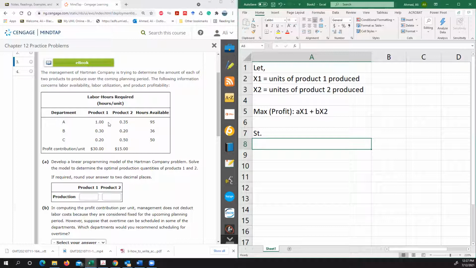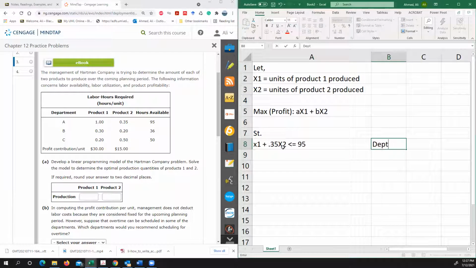And the total hours they have is 95 hours. So what I can say for X1 is 1. So I'm not putting anything here, but I'll put X1 plus 0.35 X2. This has to be less than and equal to 95. So this is for department A.